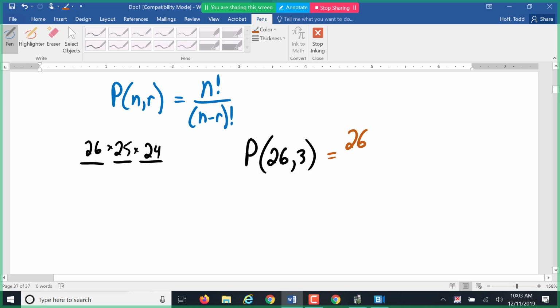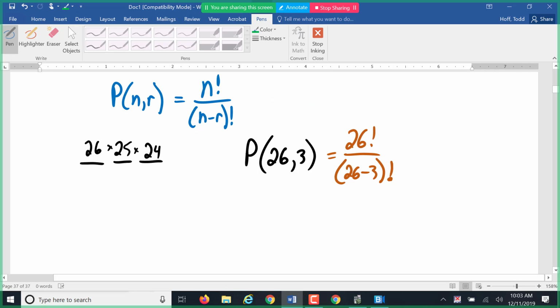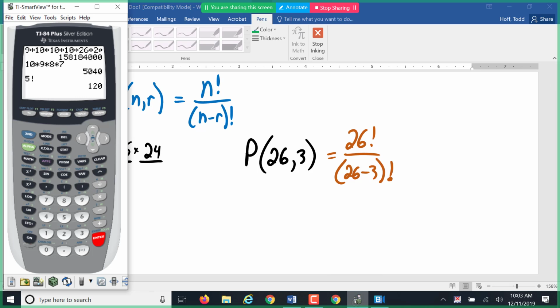So this is 26 factorial over 26 minus 3 factorial. So let's do that calculation. That's 26 factorial.